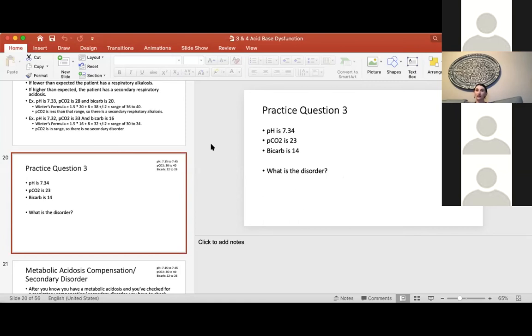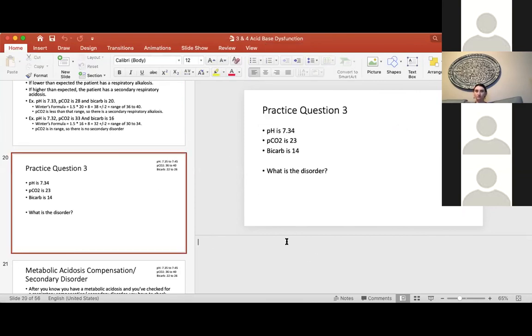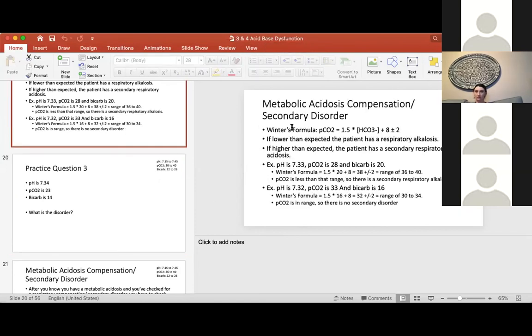So if we take this formula, well, I thought I could copy and paste it. Guess not.